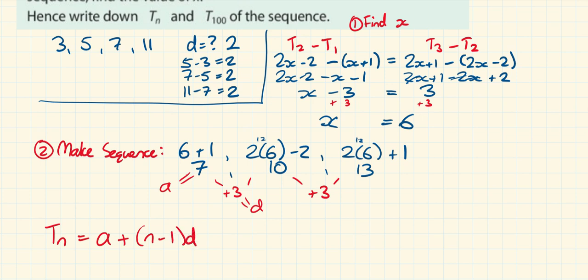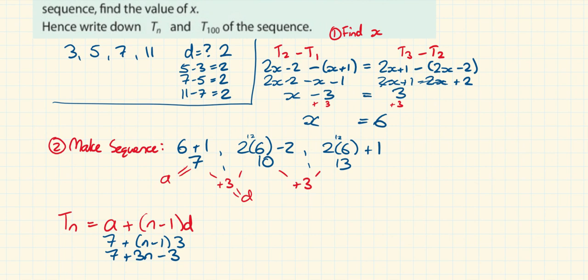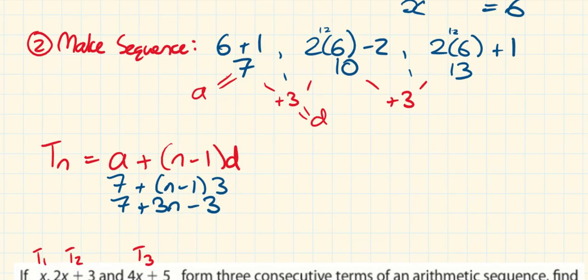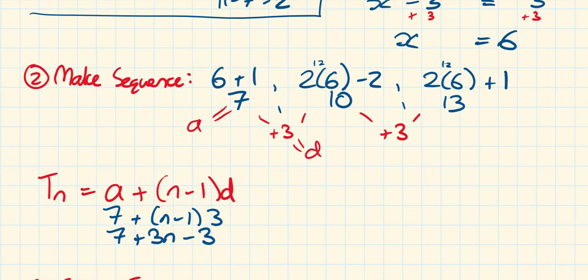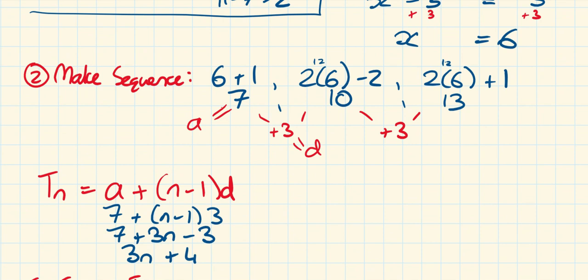It's in the formula book, but you might as well learn it. So A is 7 plus n minus 1 times 3. So 7 plus 3n minus 3, which is 3n plus 4. Okay, so we've got 3n plus 4 as our Tn there, and we're told to find T100.